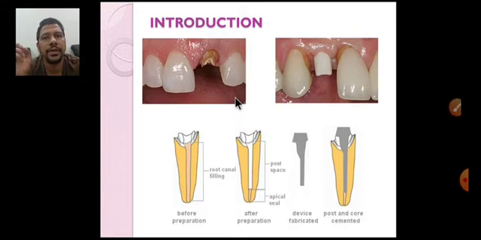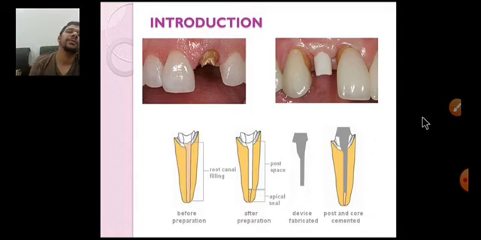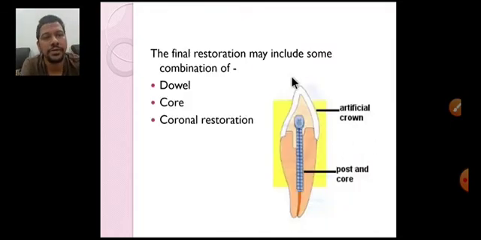The crown will be dislodged with a certain amount of core, that is coronal structure of the tooth. So in order to avoid this, you are supposed to give a post and core. In such cases, you can choose a cast post and core as I explained in this diagram, or a prefabricated post and core as I explained in this diagram.